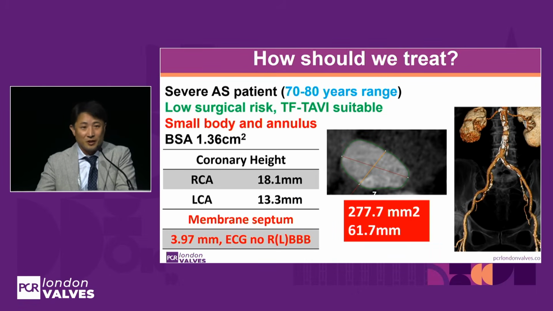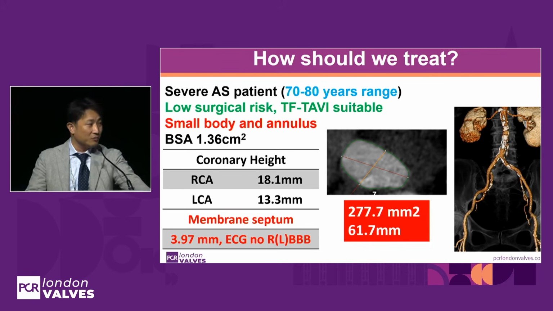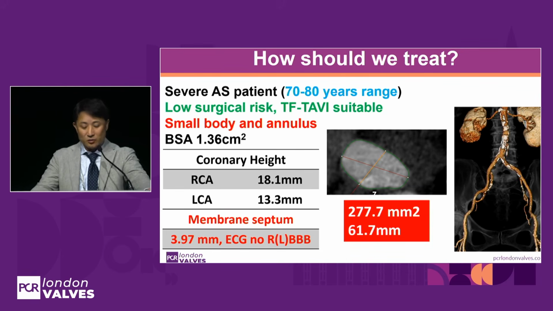Here is a summary of my case presentation. Severe aortic stenosis, relatively young, in the 70 to 80 year range, low surgical risk, and transfemoral access is suitable based on the CT scanning. Coronary height is 18 for the right and 13 for the left coronary artery, so there is no risk of coronary obstruction.